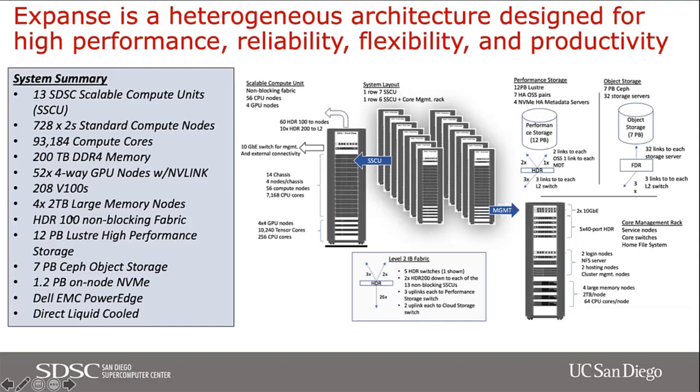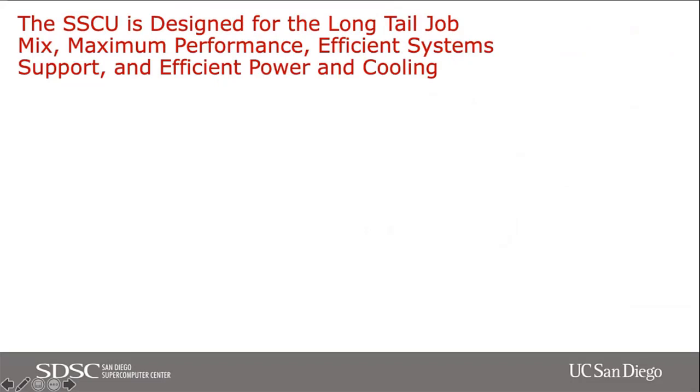There is HDR 100 connectivity into the node, and the switches at the top of the rack for each of these racks are HDR 200 switches. So overall, we get a 3:1 oversubscription between the nodes.